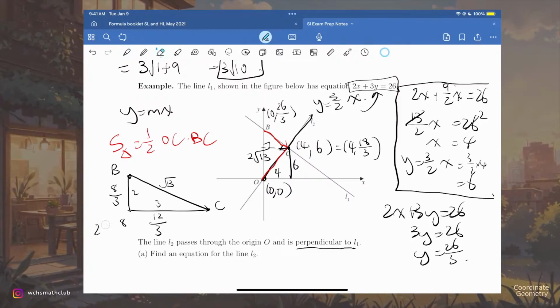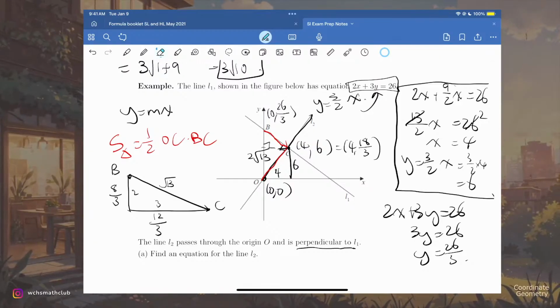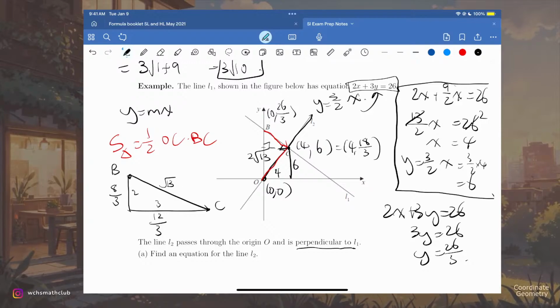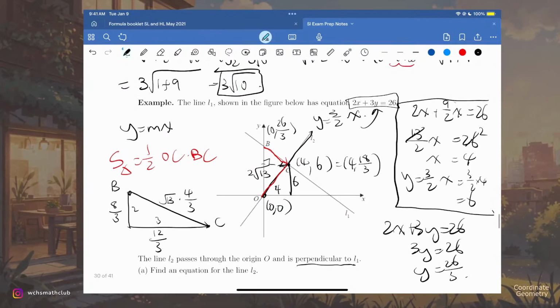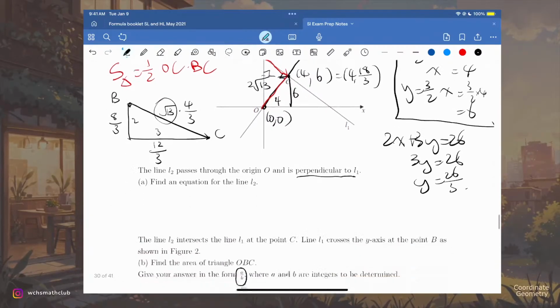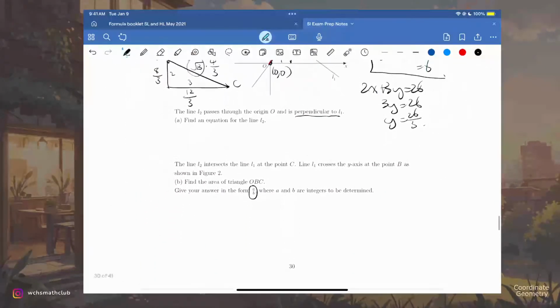If you don't recognize this, you can use the Pythagorean theorem and get the same answer. Because we scaled this triangle up by a factor of 4 over 3, this side is root 13 times 4 over 3. Of course, we got that root 13 factor we were looking for, so we might not be that cooked after all.